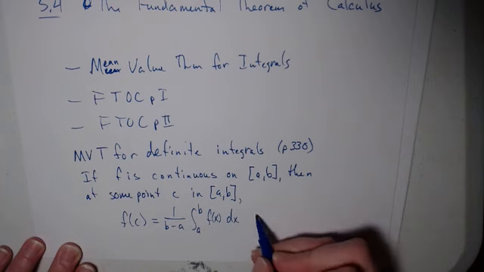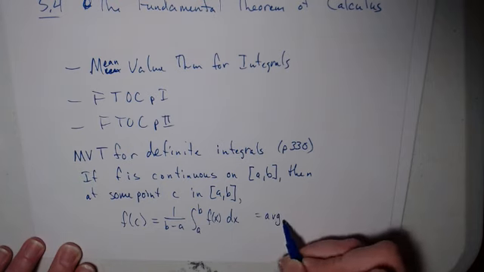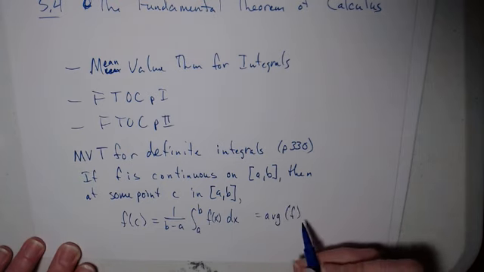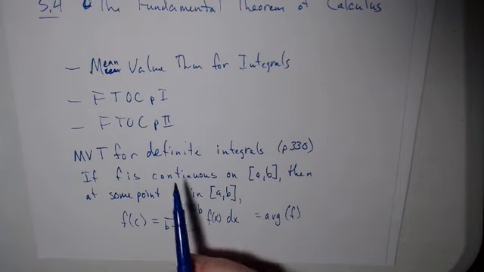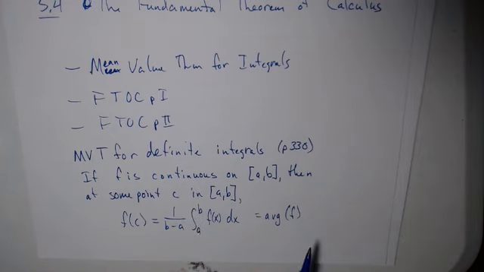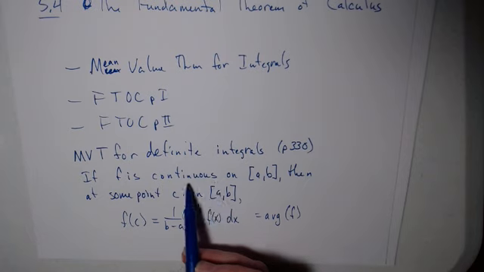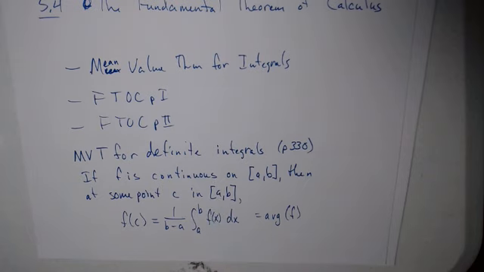Remember, this is the average value of f over [a,b]. So what we're saying with the mean value theorem is that the function, if it's continuous, will actually take on its average value somewhere. If you just draw out a few continuous functions on some intervals, you'll see why that has to be so. This continuity is so important here.